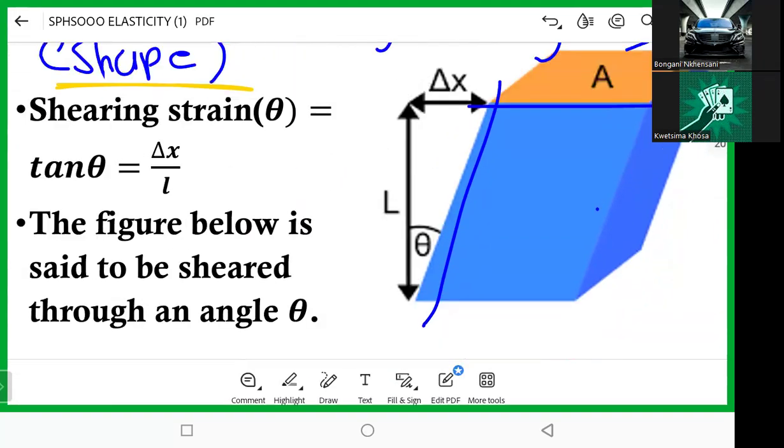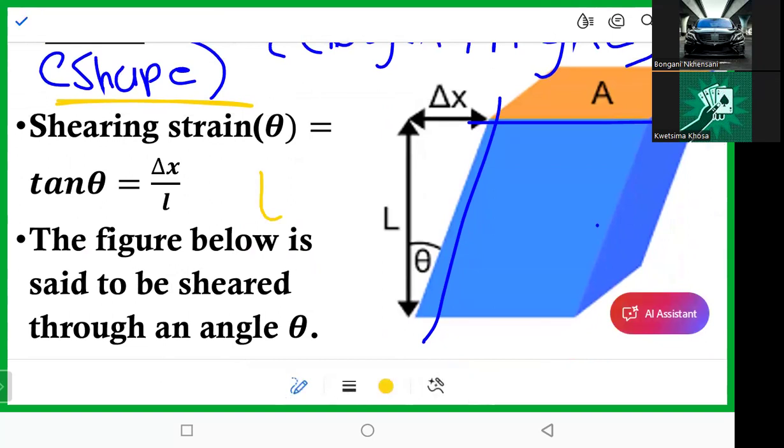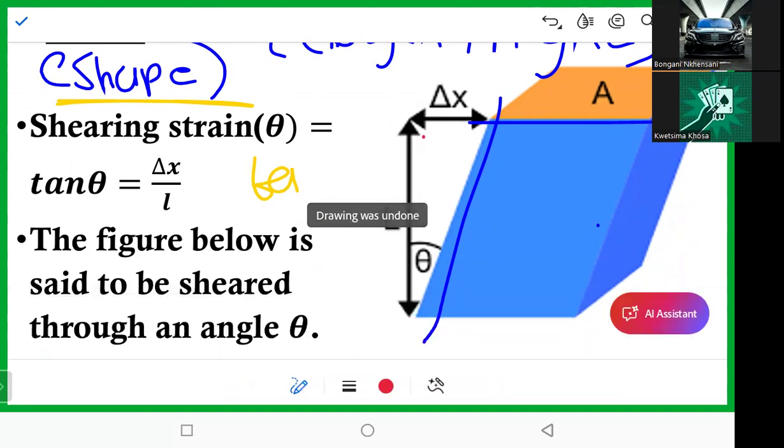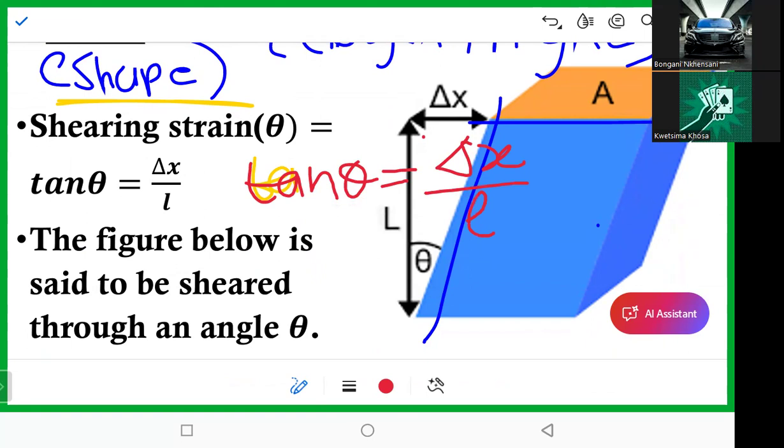So now the formula for shearing strain is given as what? It's given as tan theta equal to change in length over the height. This L represents the height of our object. We just use L. You can also write change in X over H if you want.